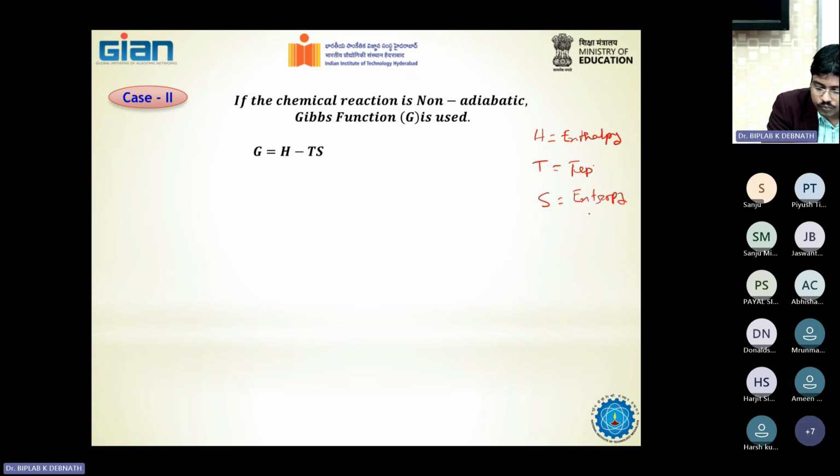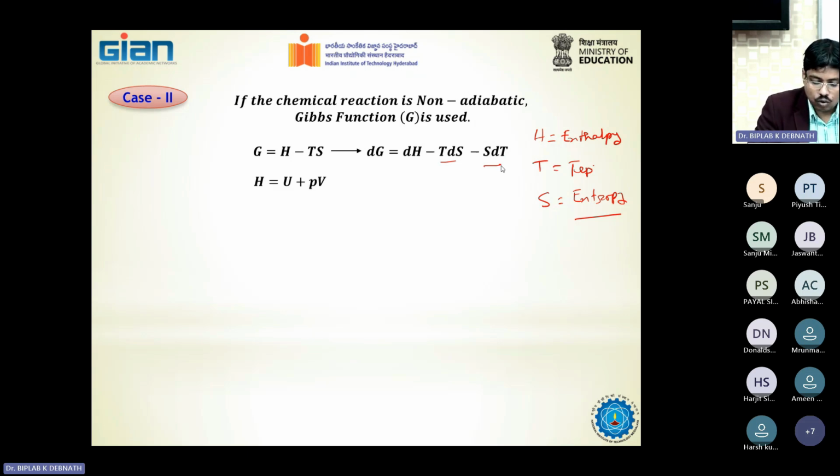If we differentiate the Gibbs function, we can write dG is equal to dH minus TdS minus SdT. So this is the differentiation of G.